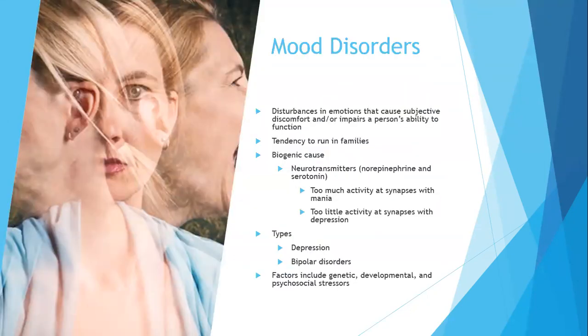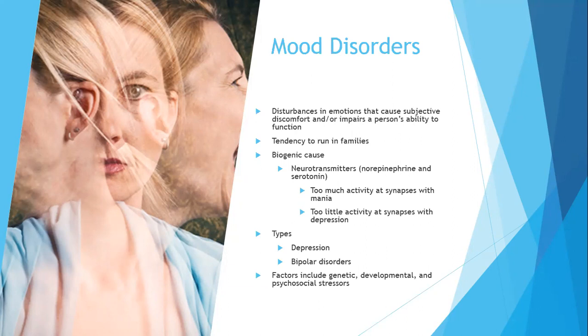Mood disorders are disturbances in emotions that can cause subjective discomfort or impair a person's ability to function. They do have a tendency to run in families. There is a biogenic cause. The neurotransmitters norepinephrine and serotonin are affected.